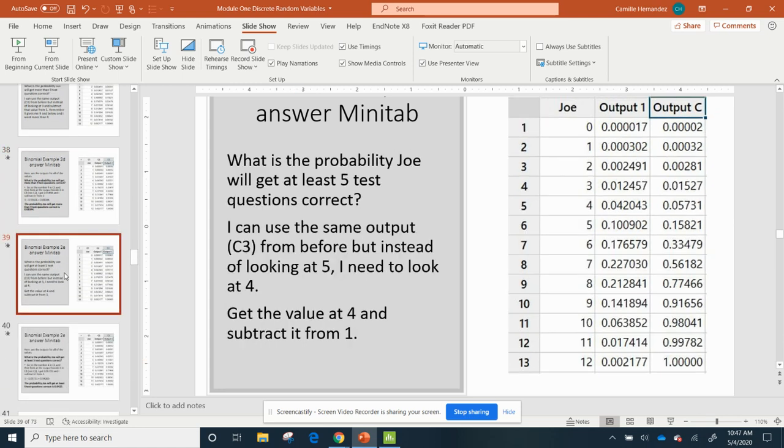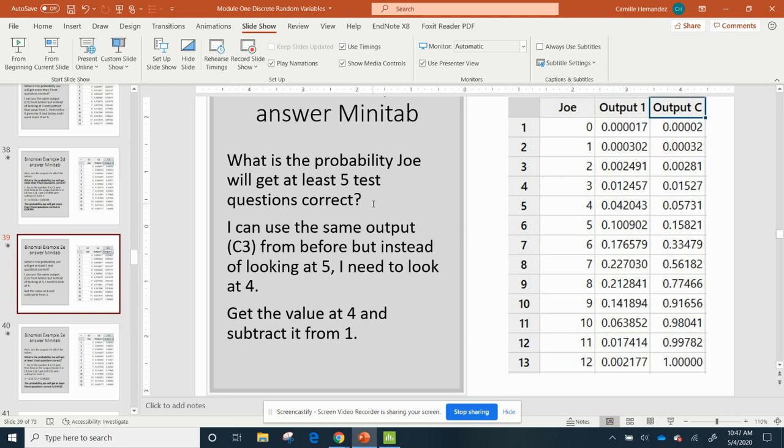All right. So the probability Joe will get at least 5 test questions correct. What you could do with that one is go to your exact values and add all of this together, 5 through 12. And that's a pain because those are the exact values and you're just adding them together. The shortcut way to do this is at least 5.